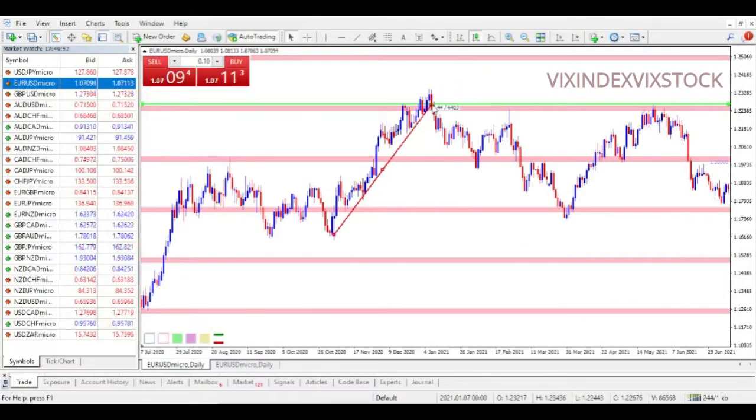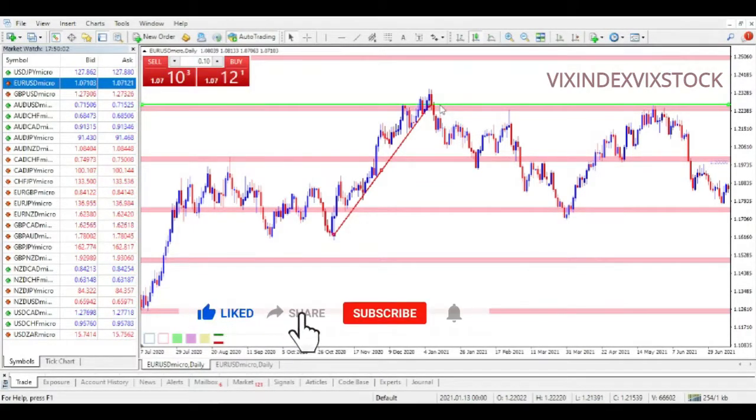But lo and behold, what happened? Price reversed on them. So everybody who bought in this area, hoping that price will continue going up, was caught by what we call a bull trap.